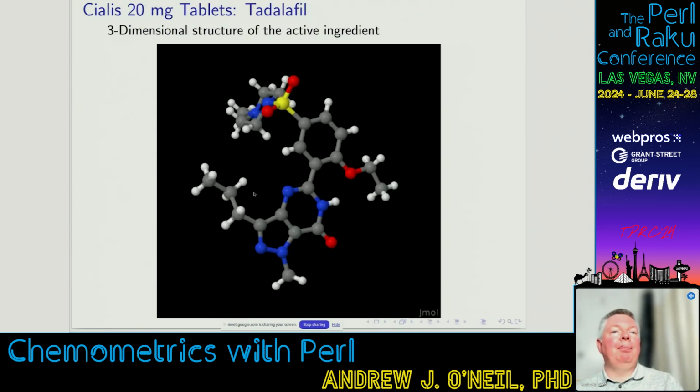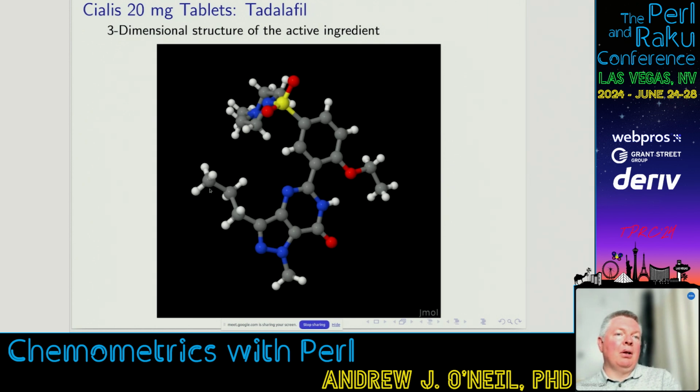So Cialis itself contains the active pharmaceutical ingredient called tadalafil. Here is a 3D molecule that I pulled off the net. I've plotted this in JMOL, and you can see the grey atoms represent carbon and the white atoms represent hydrogen.